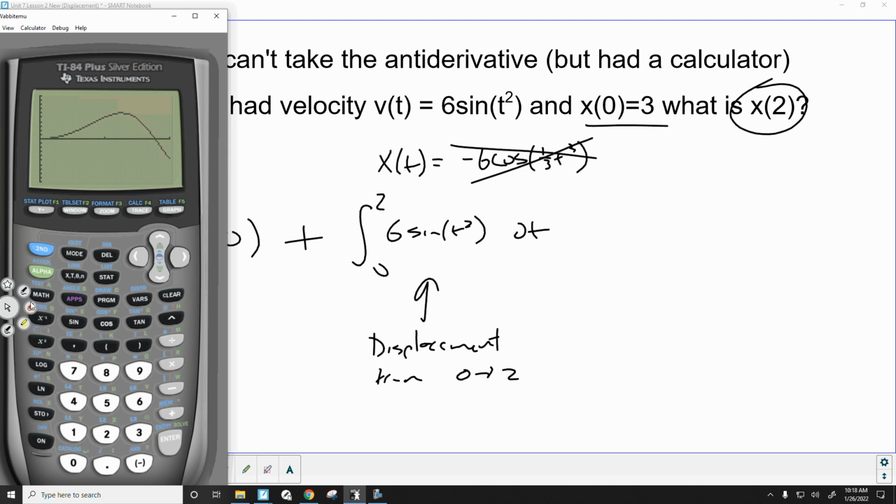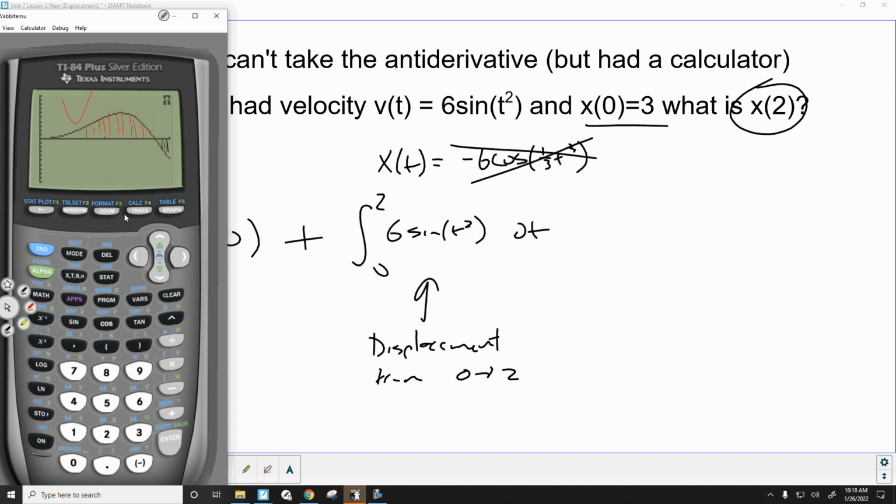Now, what is this? Velocity. The area, when the velocity is positive, is telling me how far I've gone right. The area, when my velocity is negative, is telling me how far I've gone left. If you combine those areas, it'll just tell you your displacement, the change in your position.